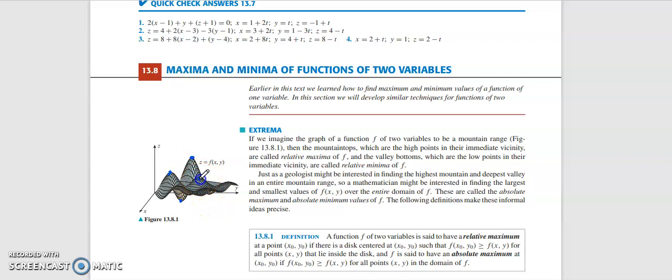So these are called the maxima. The high points in the immediate vicinity are called the relative maxima.